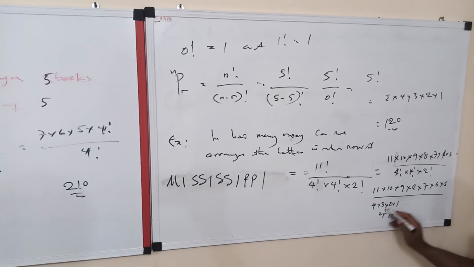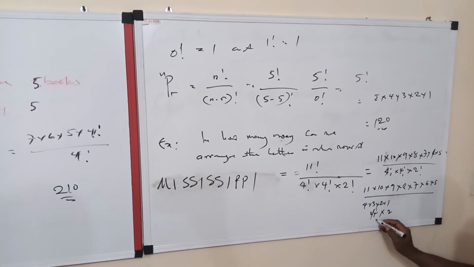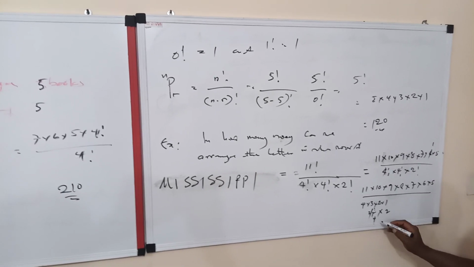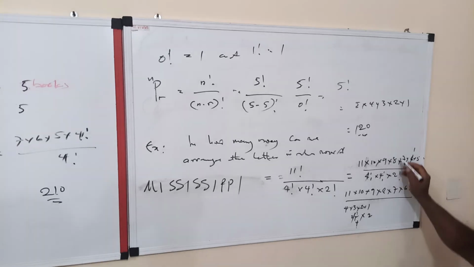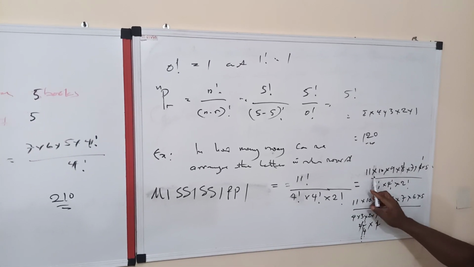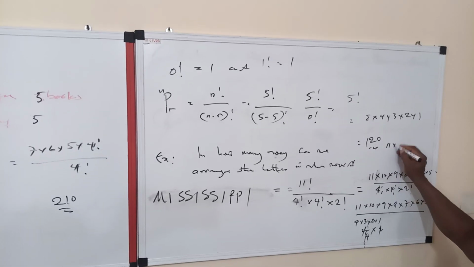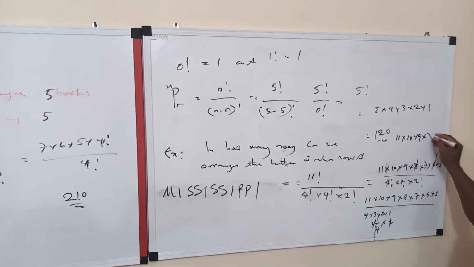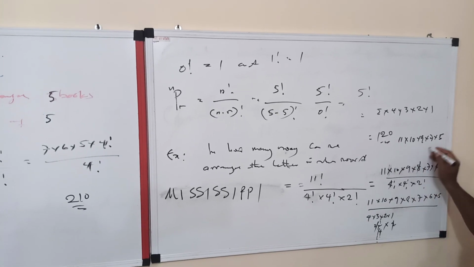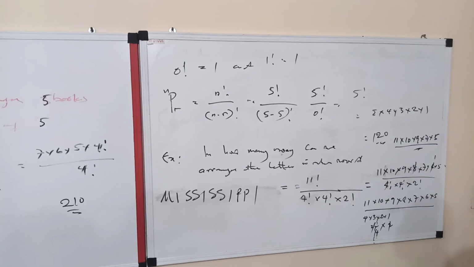If 24 comes here, 6 comes here, it will give us 4. 6 comes here, it will give us 1. So this and this will give us 8, so this 2 is off the job market, and you will be left with 11 times 10 times 9 times 7 times 5. That is the answer that you are going to have.